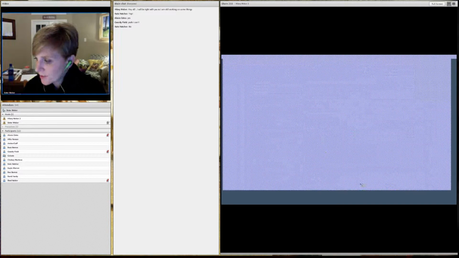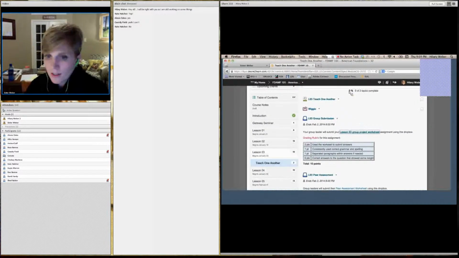No, it just covers it up. Okay, let me do this. Because my share screen won't necessarily show you that. Okay, but really this worksheet, all it is, you fill in your answers there, and that's what you use to submit. And here is my grading rubric of how I'm going to grade that.